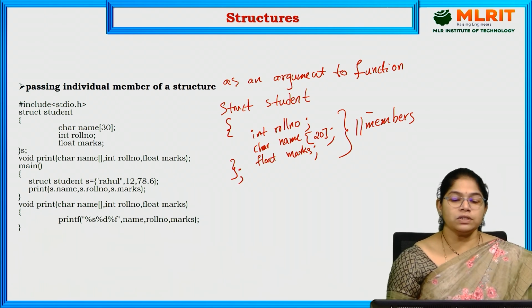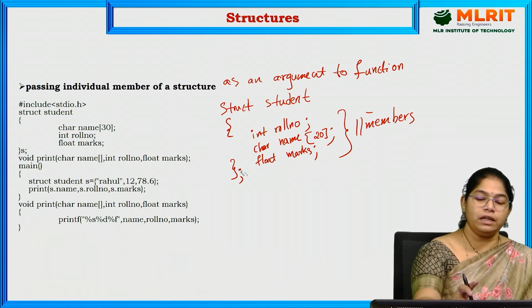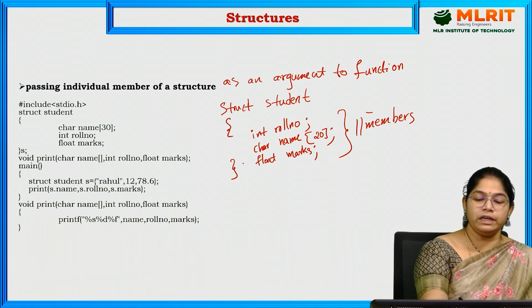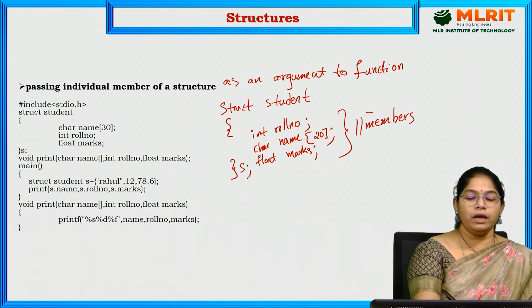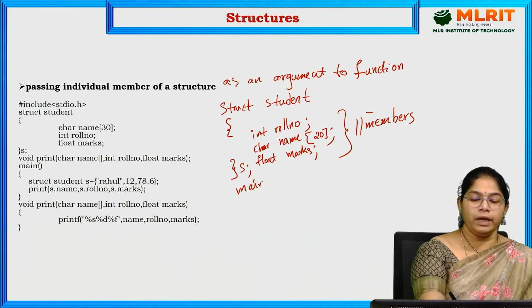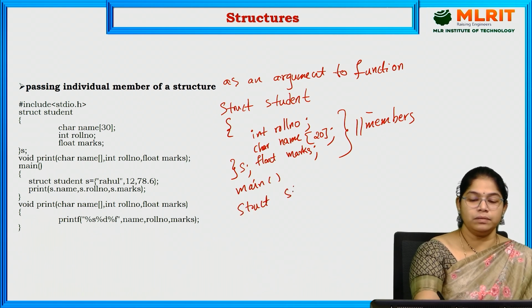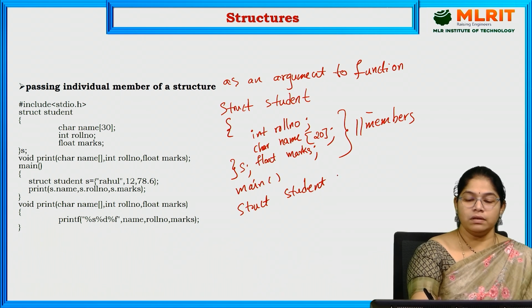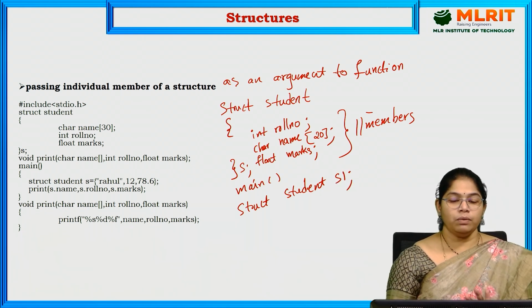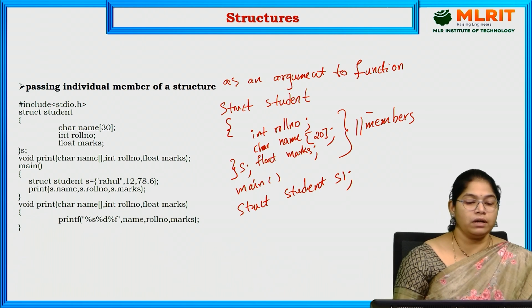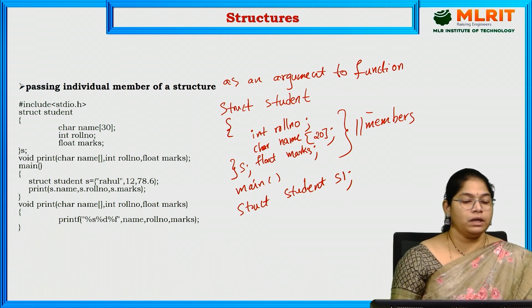To declare a structure variable, either we can declare the variable here itself whenever we are writing a structure, or we can declare a variable in the main. That variable must be of type structure. struct student, then the variable name, suppose S1. In this way, we can write a structure and we can declare a variable of the structure. But now we are passing members of the structure.